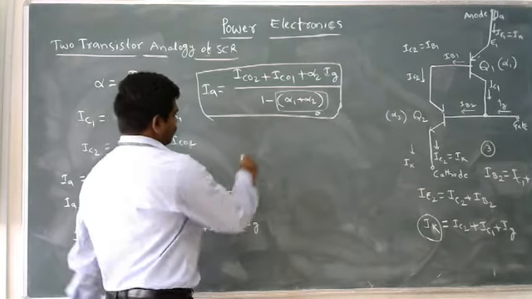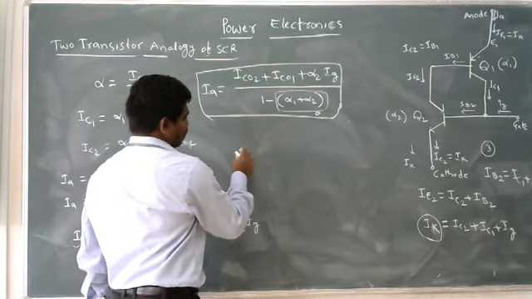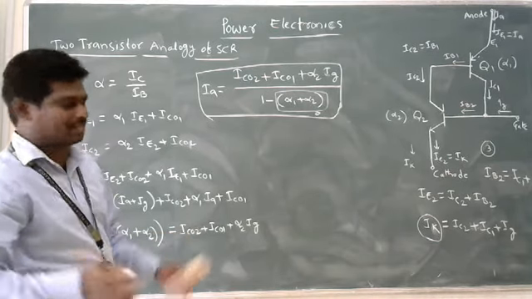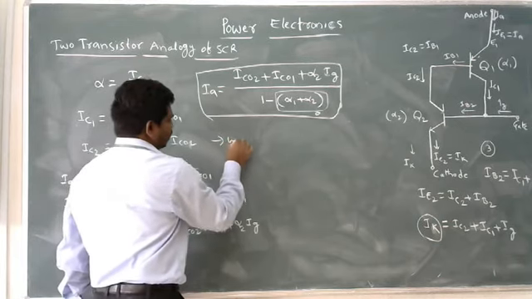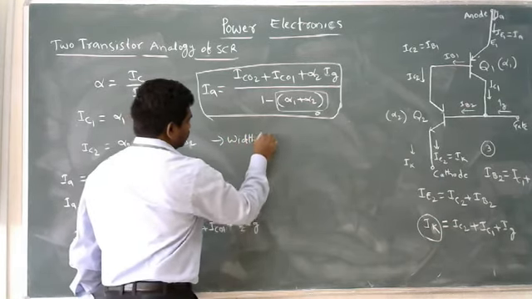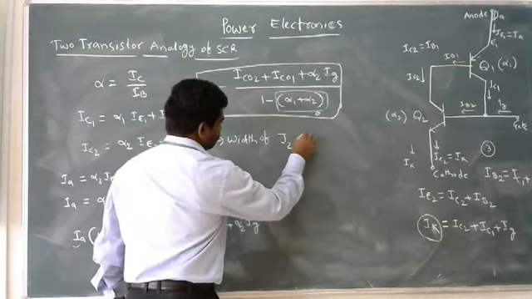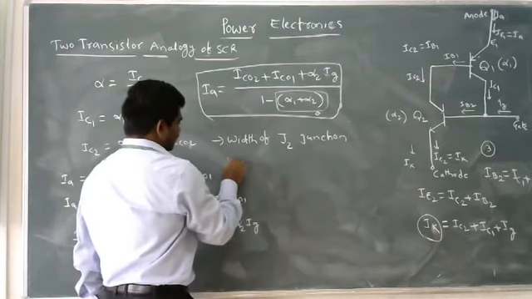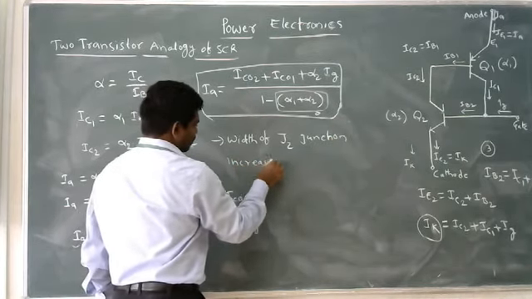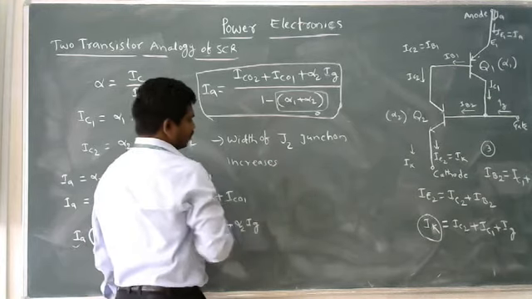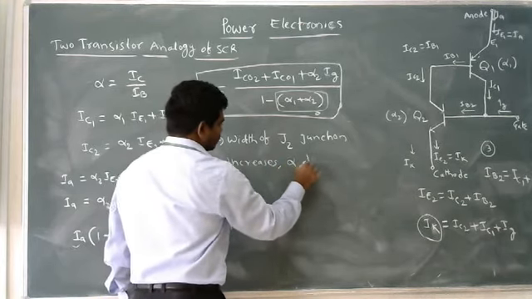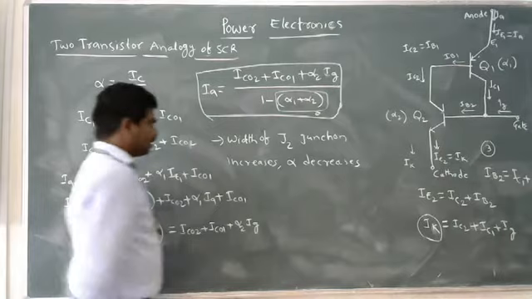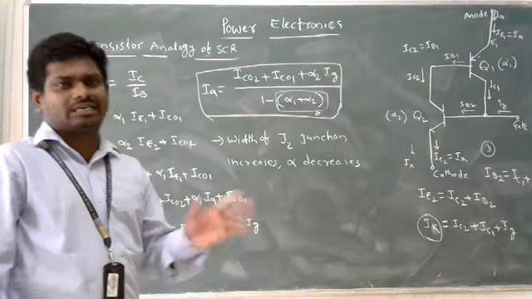If the width of the J2 junction increases, alpha decreases.